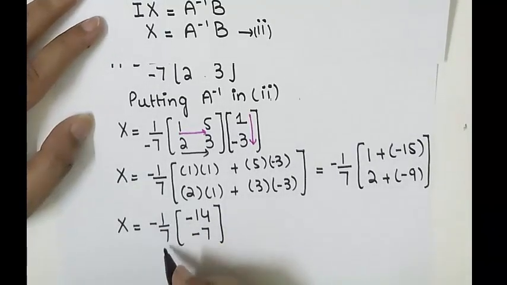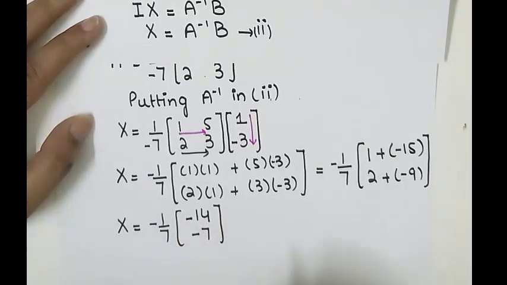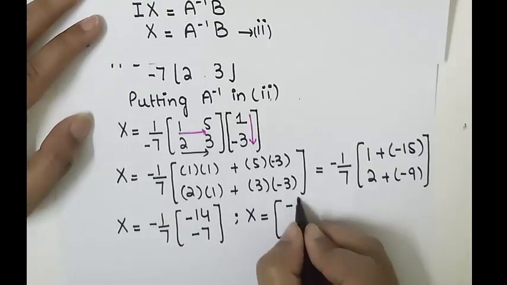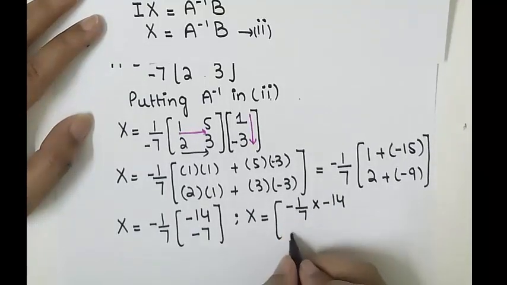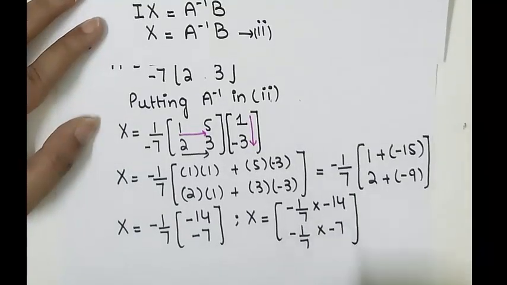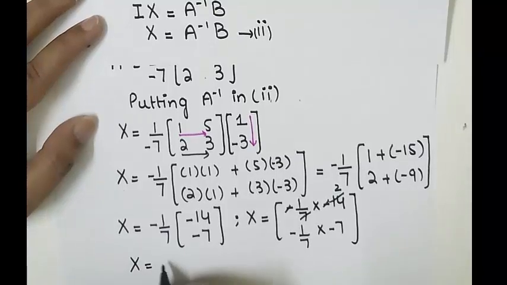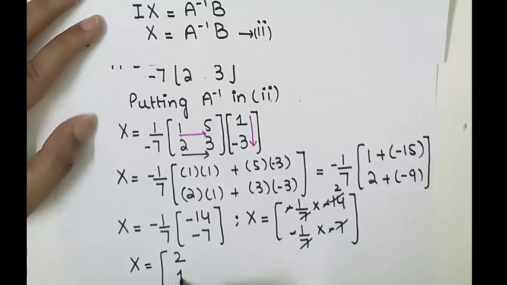Now we will multiply this term with each term of this matrix. We have minus 1 over 7 into minus 14, and minus 1 over 7 into minus 7. So minus and minus cancel out, and 7 times 2 is 14. So we have 2, minus minus cancel out, and 7 times 1 is 7.